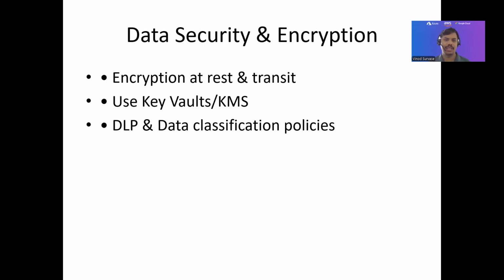Let's come back to the topic, data security and encryption. Encryption at rest and in transit. That means we want to make sure data is encrypted during transit as well as at rest, right? Whenever or wherever it is being stored, be it in the cloud, on premises, or any other systems, using key vaults and key management service across the cloud platforms to be able to make use of those keys, client secrets, and client IDs appropriately for the respective applications and integrations wherever those are needed.